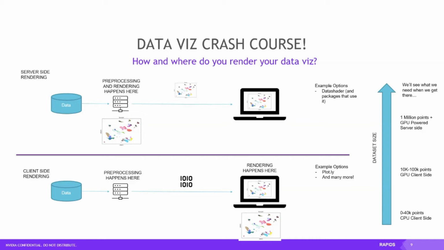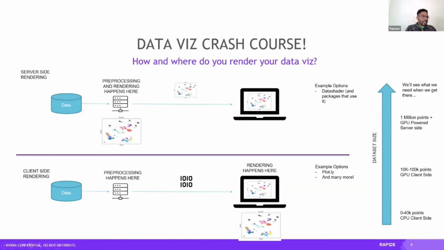As you go up in points, you'll notice that you want to shift away from the client doing the processing, because you have bandwidth issues. You're not going to want to send several million points over the internet and think that everyone's going to have a great experience with that.